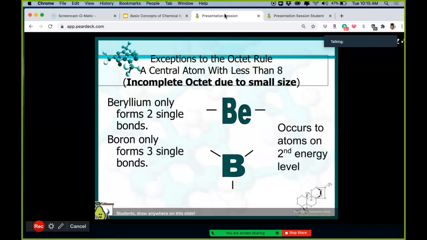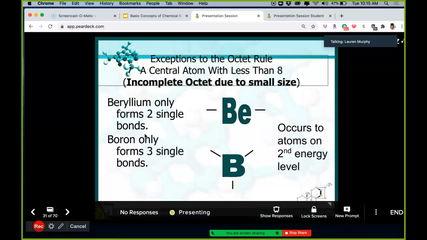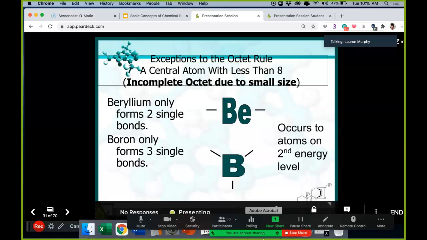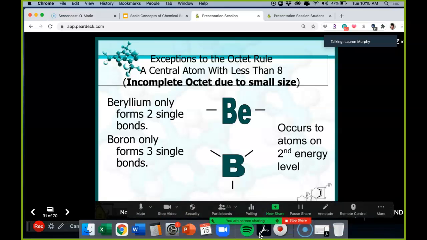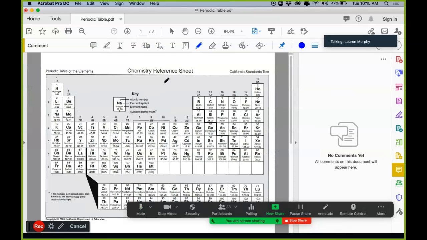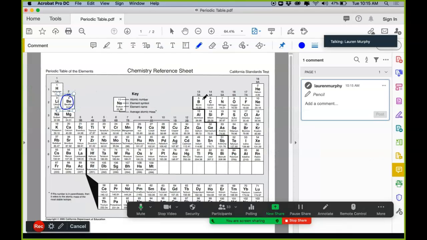Okay, now we said that everything in general likes to have an octet of electrons around it. So 2 exceptions to our octet rule, which we call an incomplete octet, are beryllium and boron. If you look on your periodic table, these elements are here and here.